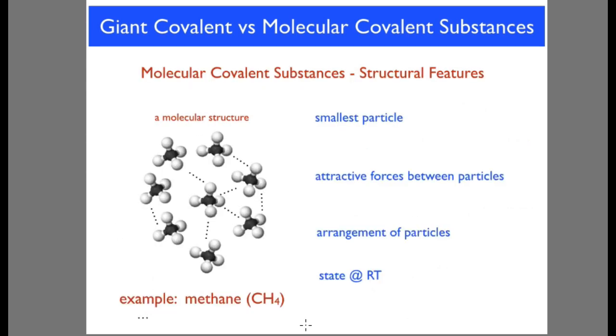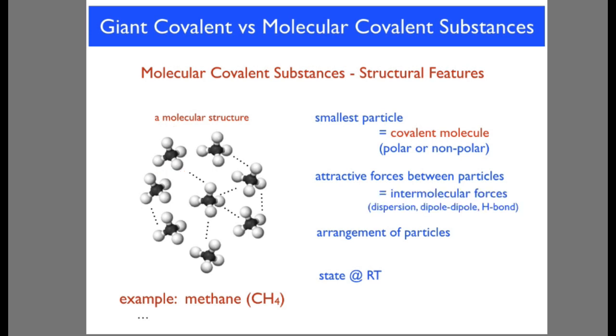Molecular covalent substances, their structural features. The smallest particle is the covalent molecule. I'm just going to circle one. There we go. And you can see it's repeated. There are several of them here. And it can be polar or non-polar, as we know. The attractive forces between particles are intermolecular forces, and they can be dispersion or London forces, dipole-dipole forces, or hydrogen bonds.